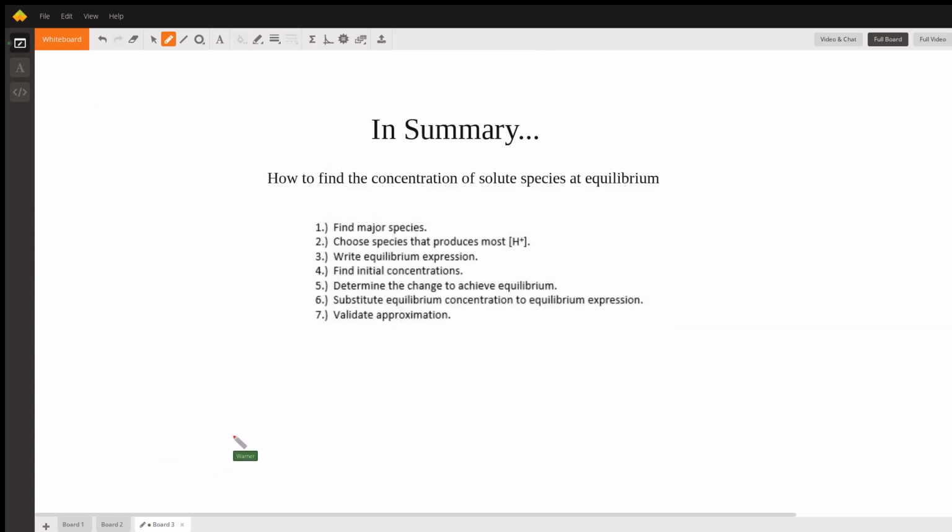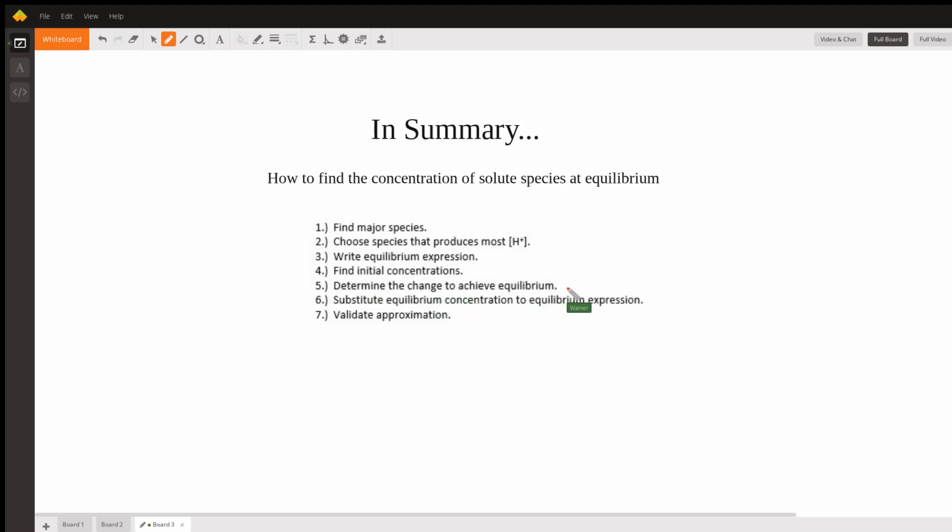So in summary, how to find the concentration of solute species at equilibrium. First, we determine the major species that allows dissociation to occur. We choose the species which produces the most hydrogen, which comes down to which species is the most acidic. In this case, lactic acid is the most acidic compared to water. So we focus on writing an equilibrium expression for lactic acid. Then we determine the initial concentrations from what's given in the problem.